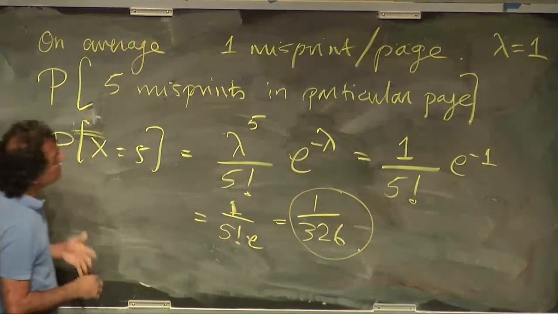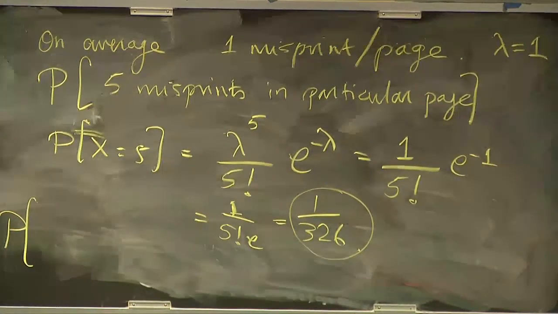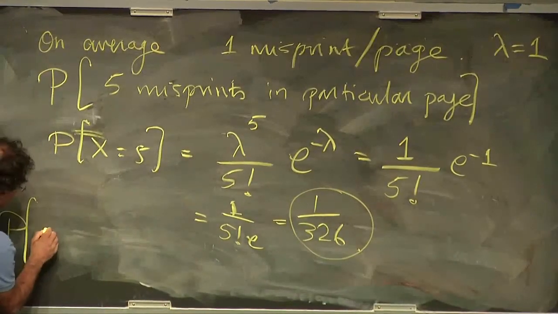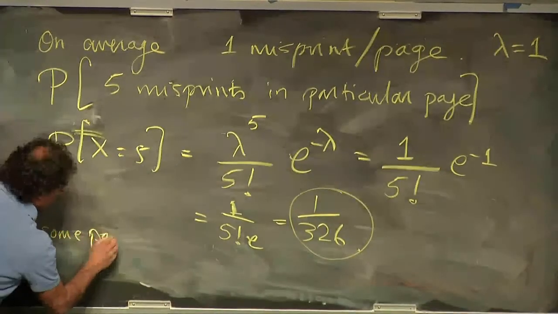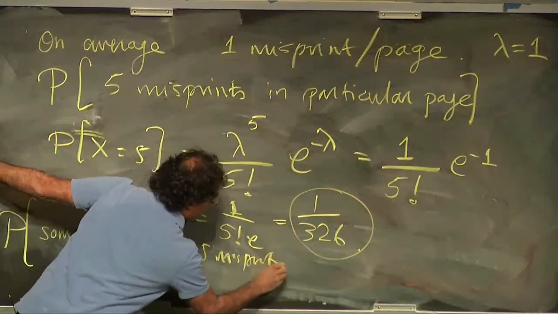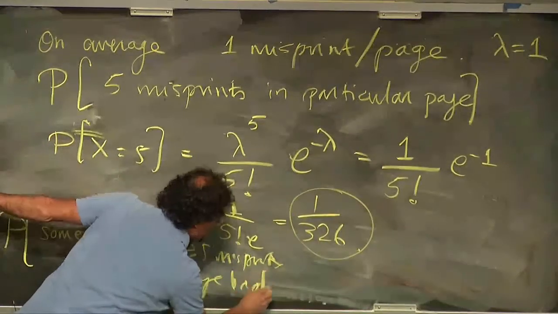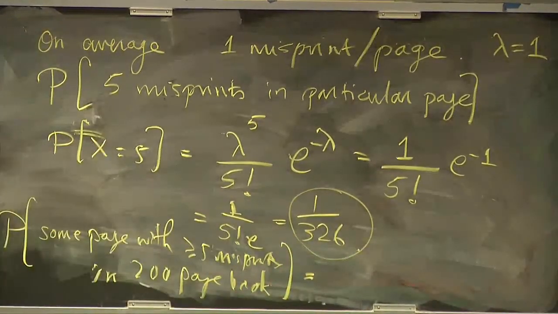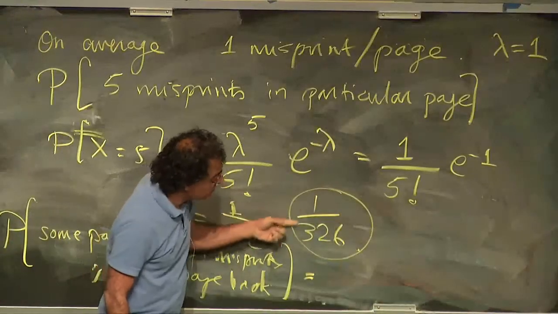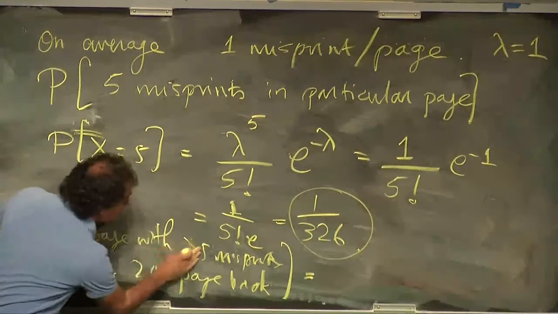Right? And now you could say, well, what's the probability that if you have a book which consists of 200 pages, there's some page with at least 5 misprints? Well, in each page the probability of exactly 5 misprints is 1 over 326.